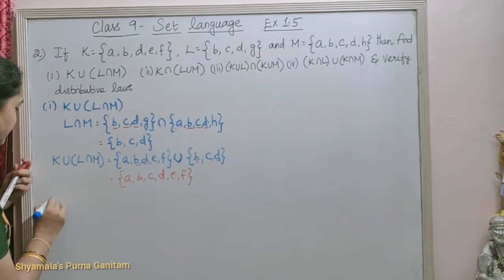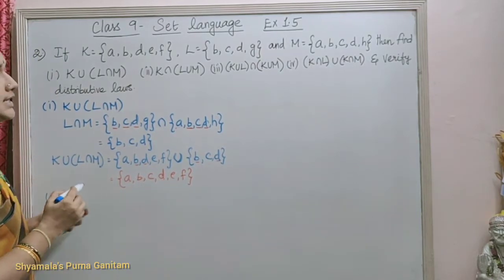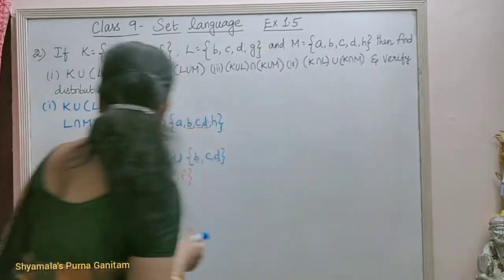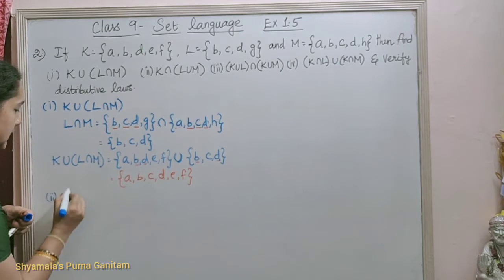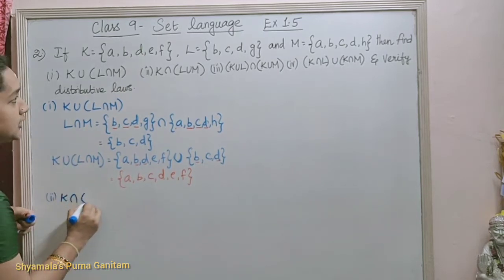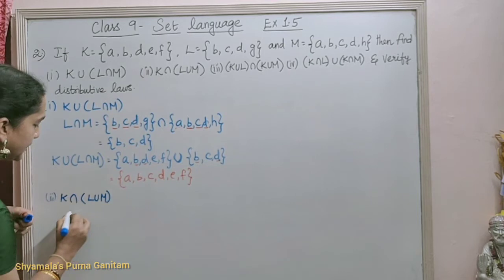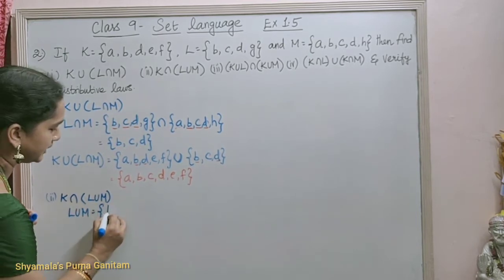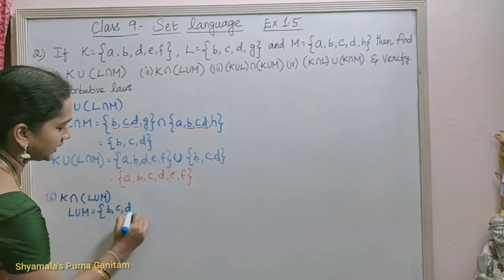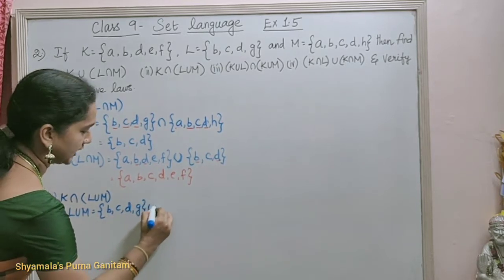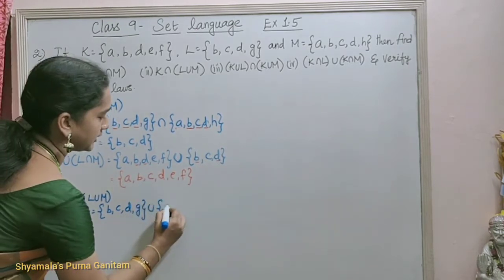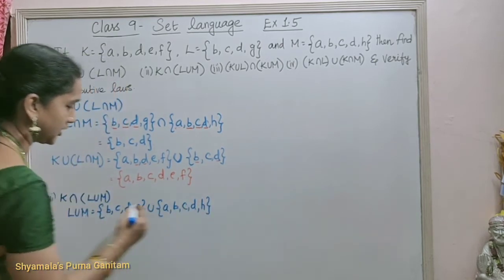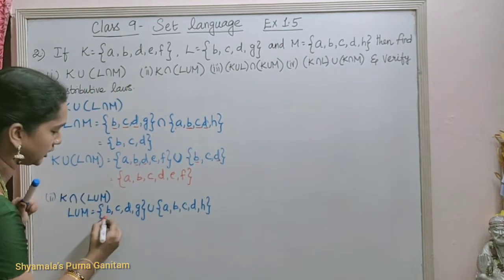Then the second sum. The second sum is K intersection L union M. First we will find L union M. The elements of L are B, C, D, G, union, the set of elements in M are A, B, C, D and H. Union means combining both the sets.